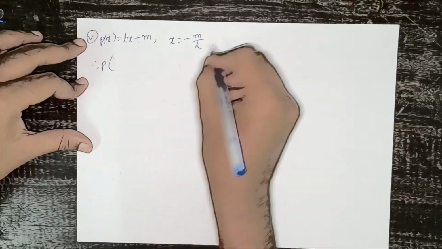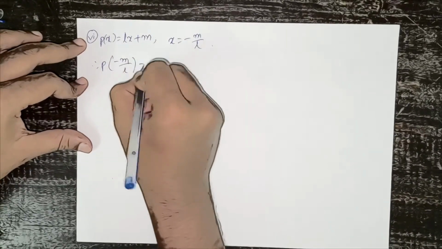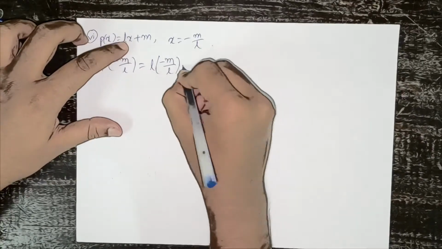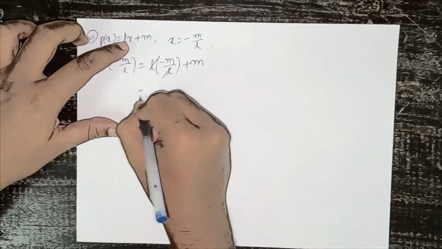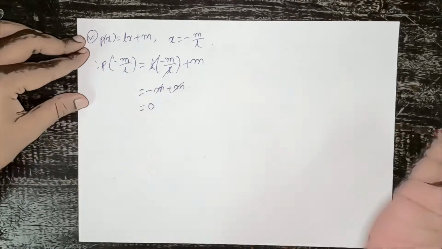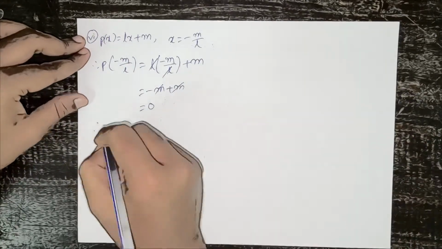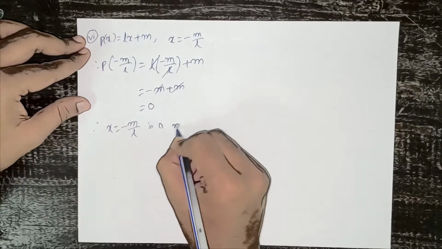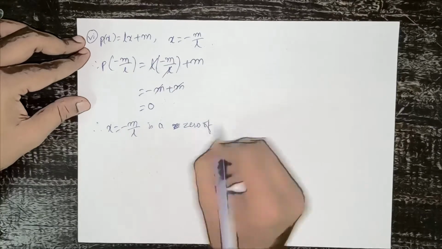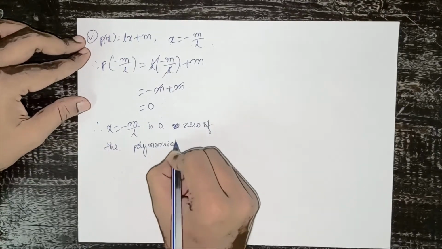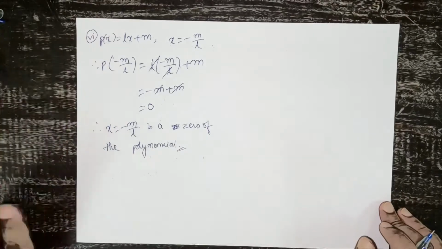Therefore p of minus m by l is equal to l into minus m by l plus m. L cancels out, we get minus m plus m. These two will cancel, the answer is 0. So as we have got the answer 0, therefore x equal to minus m by l is a 0 of the polynomial. Done? Simple stuff. I hope you understand, everyone.